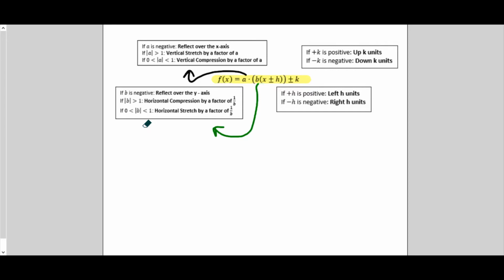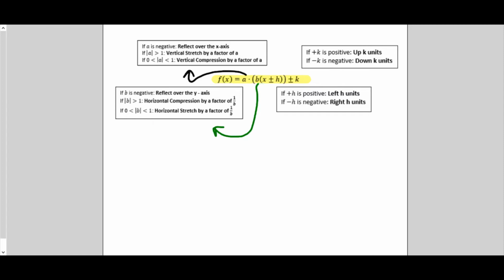And if the absolute value of b is in between 0 and 1, and it's positive, then the horizontal stretch is by a factor of 1 over b. So notice inside is going to affect your graph horizontally. So b is going to affect it by either stretching it or compressing it. And then the a on the outside is going to be a vertical stretch or compression.